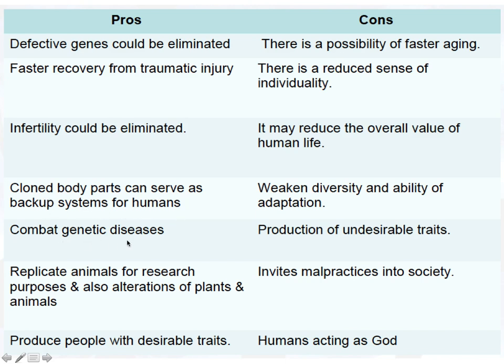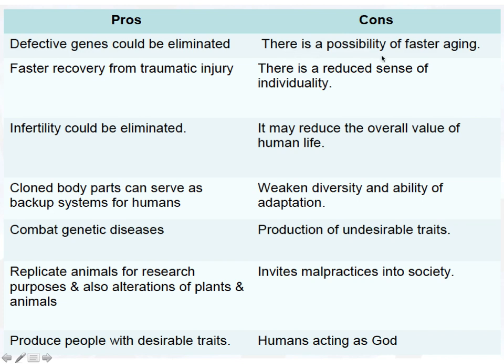It can fight genetic disease. It can replicate animals for research purposes, like knockouts or gene clones. You can immediately use them in the laboratory for your research, and it can produce people with desirable traits.